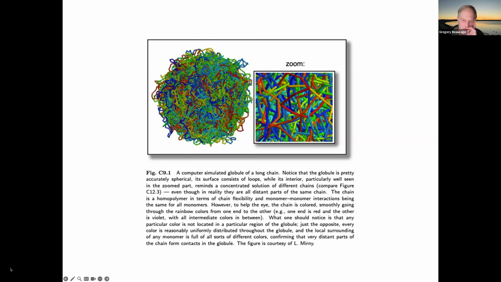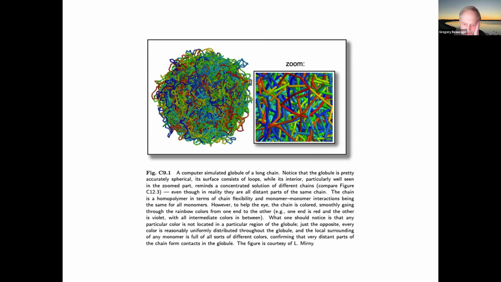That means the chain segments aren't located near each other in terms of contour distance. They're far apart, so it doesn't know it's the same chain. It's kind of a tangled up yarn ball where you can't tell that two pieces of the yarn are the same yarn or different yarn.